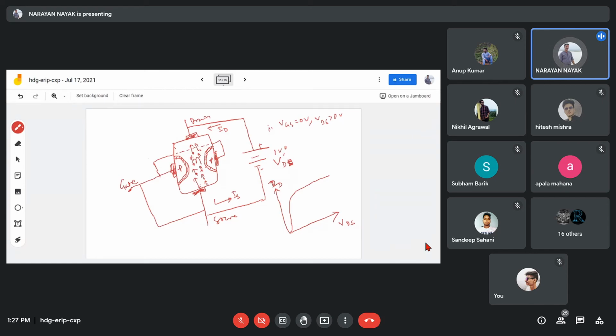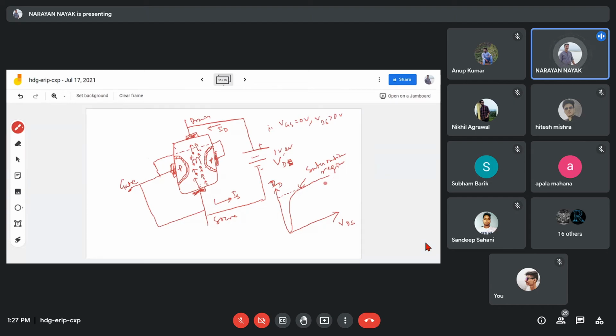Now increase to 2 volt, so more charge carriers flow from source to drain. So the current value will be increased. Understood? So you are getting the curve like this. Now one region you are getting is called the saturation region, where the curve is constant.